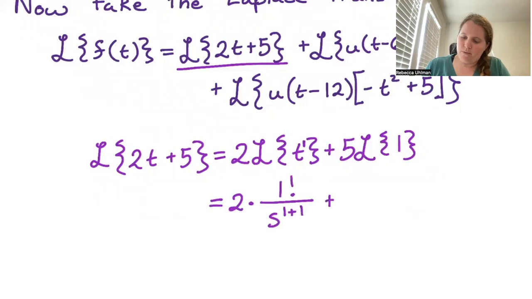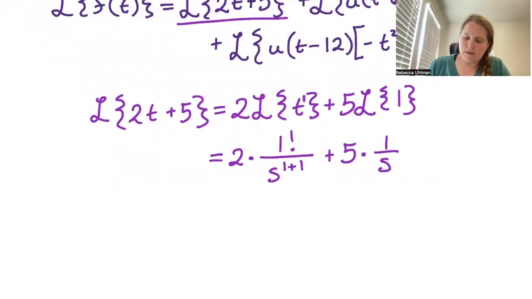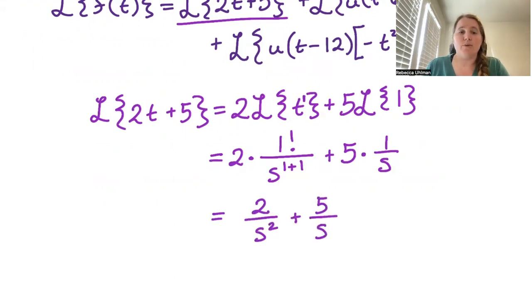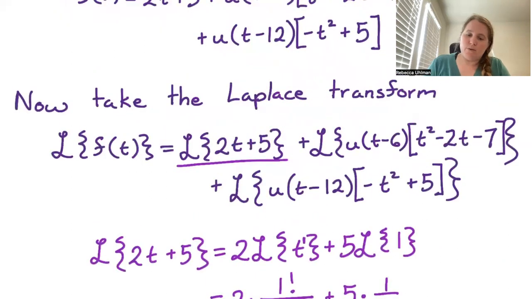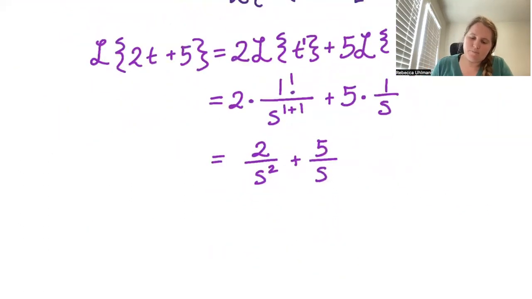And the Laplace transform of 1 is just 1 over s. So we are looking at 2 over s squared plus 5 over s for that first component. Now let's focus on the Laplace transform of our second component, u of t minus 6 times t squared minus 2t minus 7.